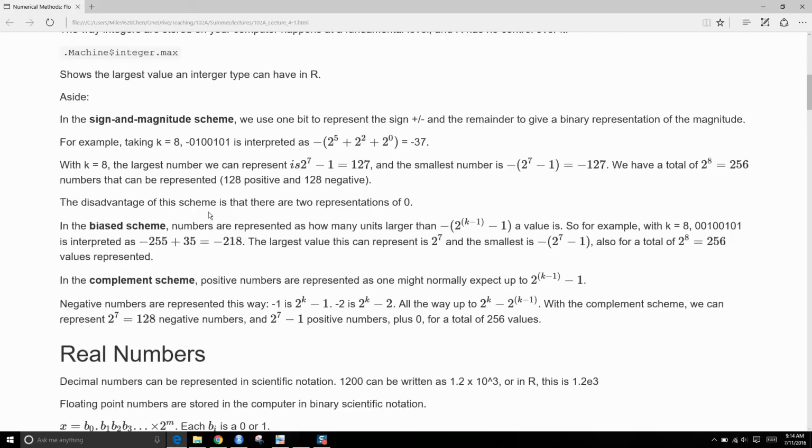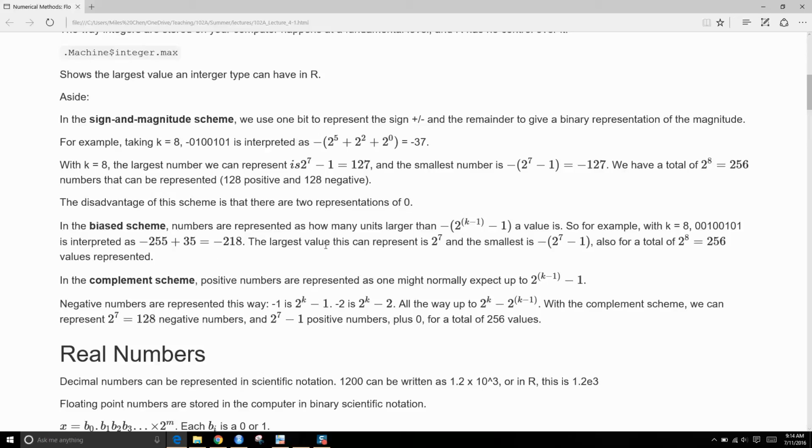In the biased scheme, it's like, well, it's a waste to have 2 representations of 0. I don't want a negative 0. I just want 1 representation of 0, and so basically you take your number and then you just subtract 255 from it. So that's what we have.